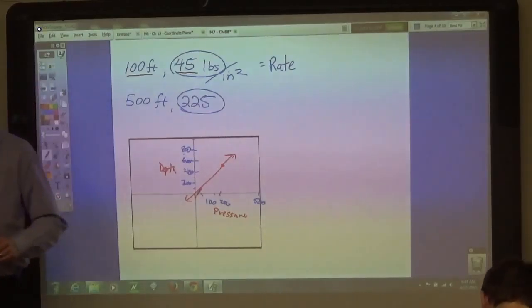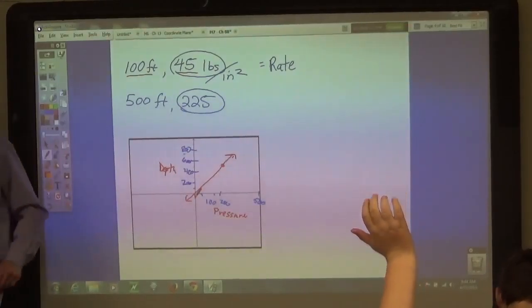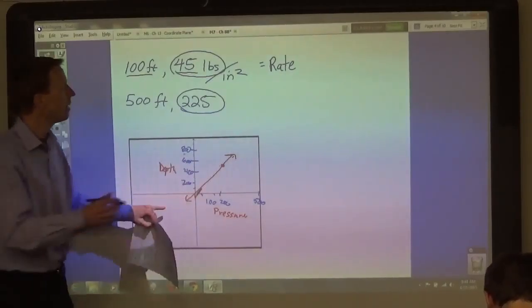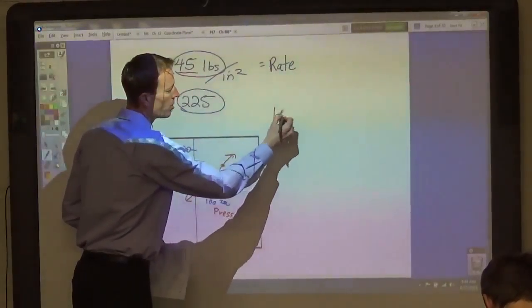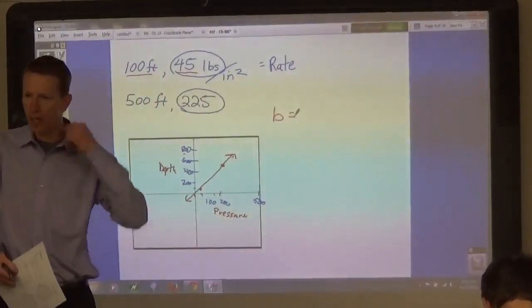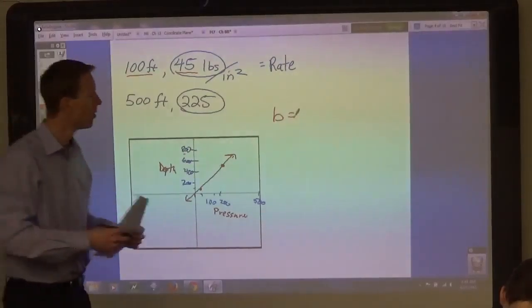They have 1. Wait, no, I'm sorry. No, it is at 0. Yeah. So, what is B in our equation? Remember, B is where it crosses the y-axis. What is B then in our equation? 0, right.